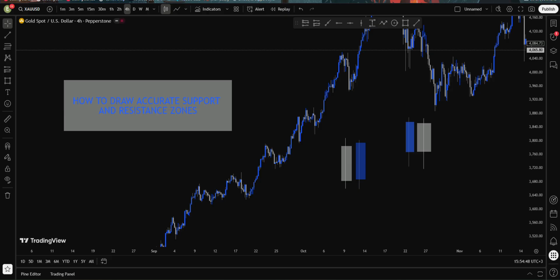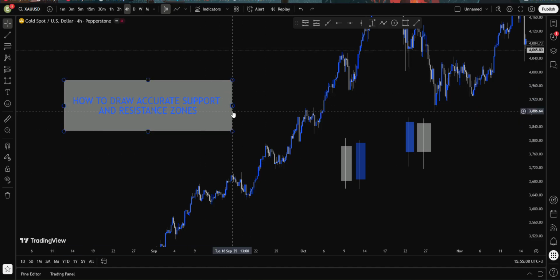So today we are going to share why gold respects key levels, and I'm going to show you how to draw accurate support and resistance zones. Not every support region is a support region, and I'll show how to draw them accurately.